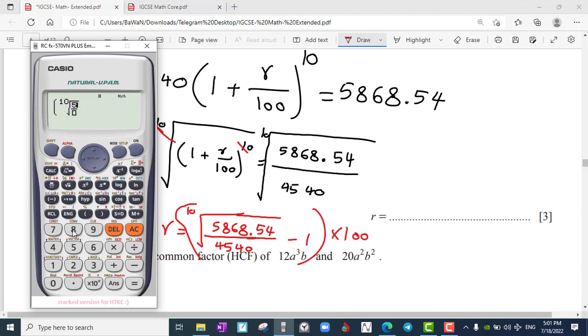At the numerator we have 5868.54, and at the denominator we have 4540. Then outside the root, it's still under the root, we don't want this. Press next, and then minus 1, close the bracket, times 100. So R is 2.6.